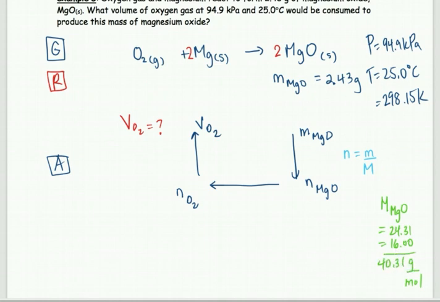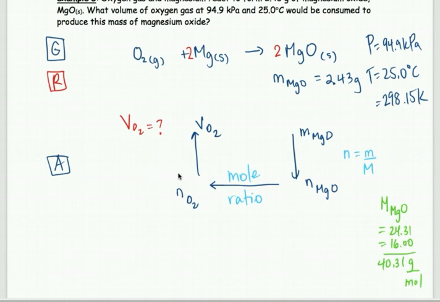you'll have your moles of magnesium oxide, and then we're going to use our mole ratio. We have our balanced chemical equation here, and then we're going to go from amount to volume, okay. We're not at STP, so we can't use molar volume.